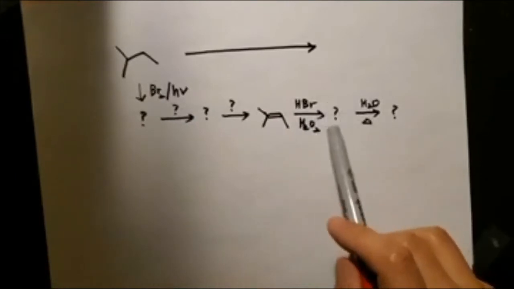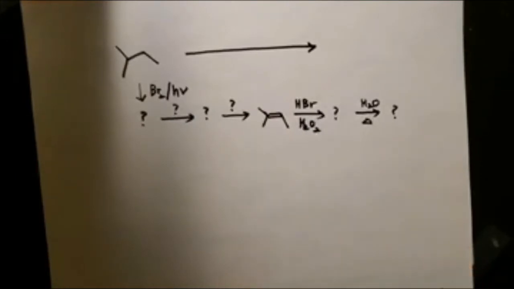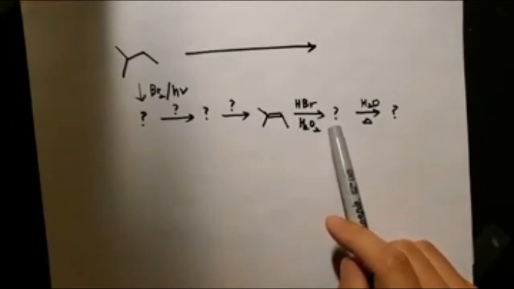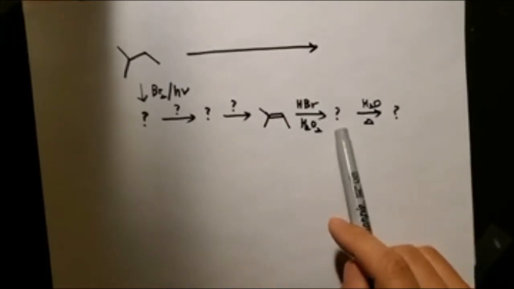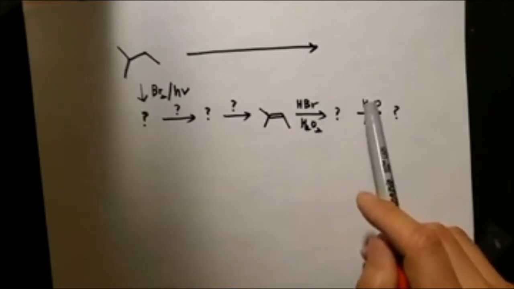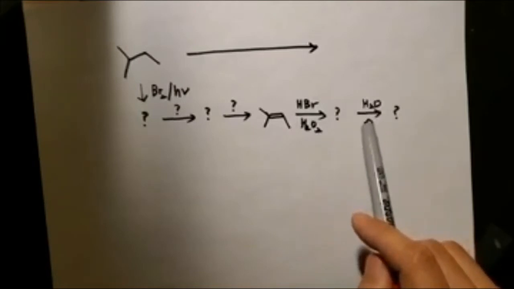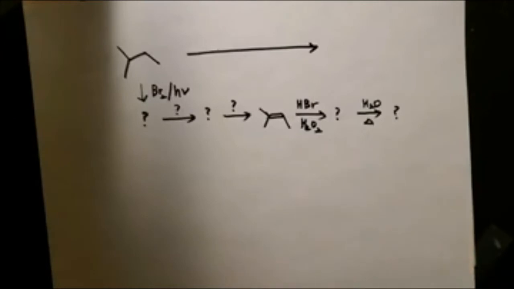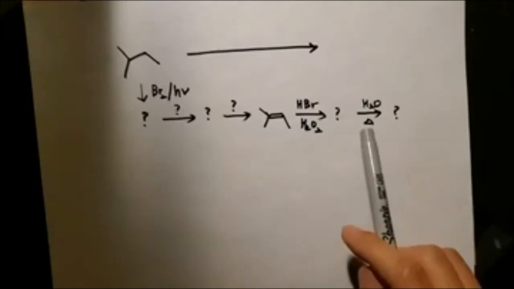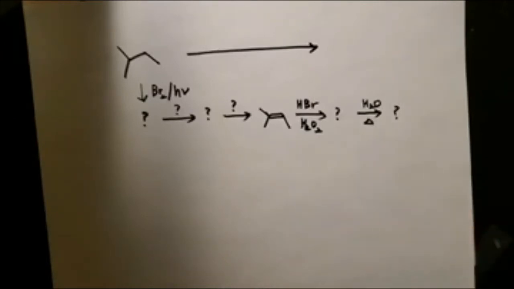Then once you figure this out, it's the same type of problem. You know what this is, so you have the reagents and conditions. By applying the typical mechanism, you can figure out this question.